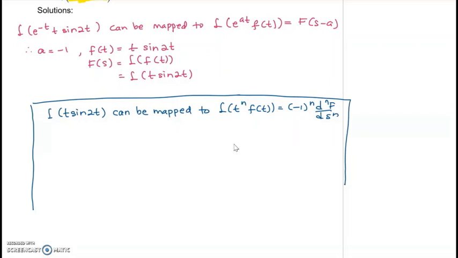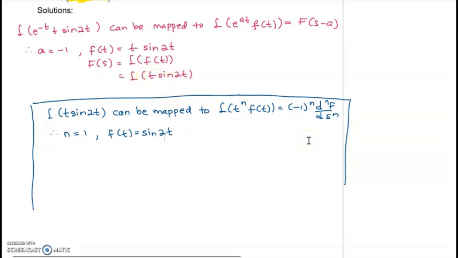So by mapping t power of 1 to t power of n, I know my n is 1, and my f(t) is sine 2t. But you should know that this f(t) here is not the same as the earlier f(t). What we have in the box is a separate calculation to get the Laplace of t sine 2t.